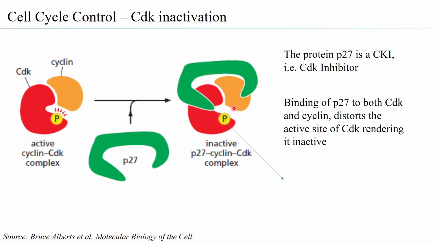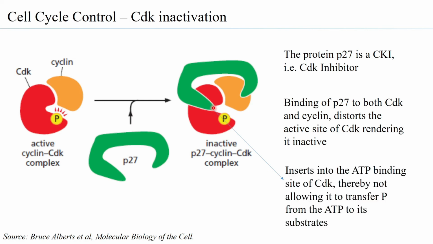And also what is observed is that the P27 gets inserted in the active site in such a way that the ATP binding site is blocked. So with no ATP being present, anyways the CDK cannot transfer a phosphate to its substrate. So therefore, the P27 cyclin CDK complex is again inactive.